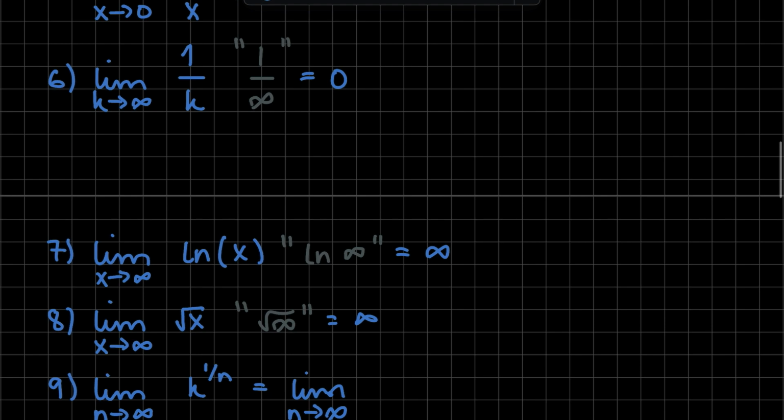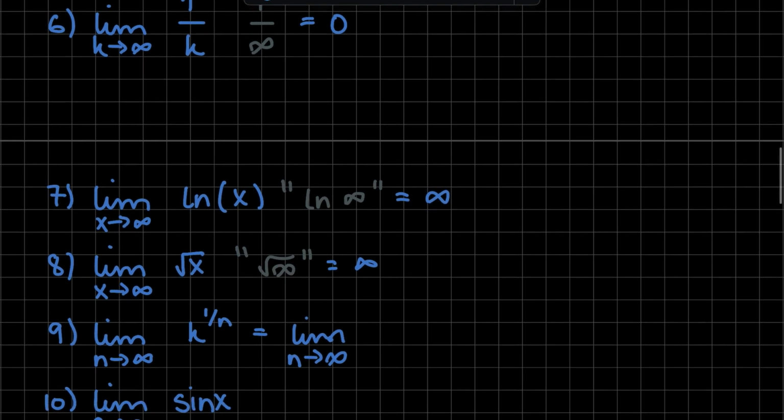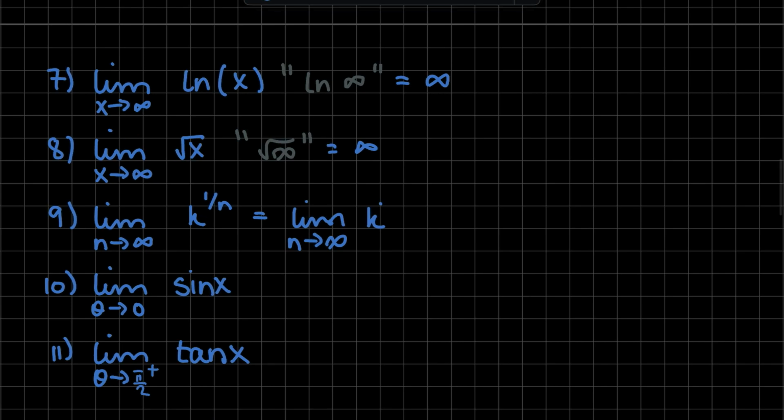And we actually already had a similar example here. Well, this 1 over n just tends to 0. So we can replace this by k to the power of 0 instead of k to the power of 1 over n, because the power is just going to grow closer and closer to 0. Now we know that any number to the power of 0 is just 1.